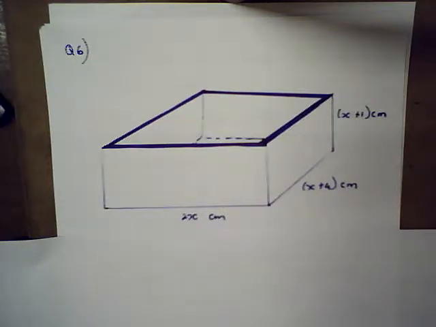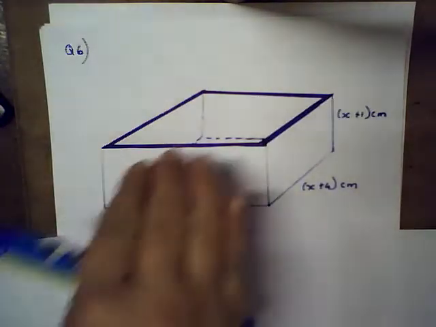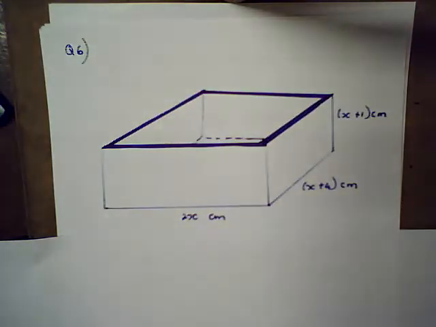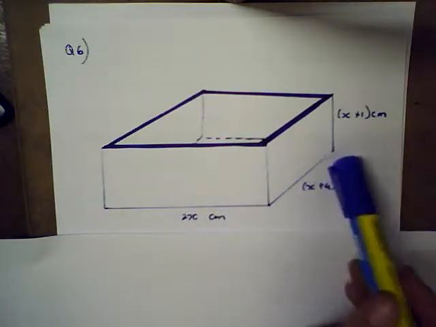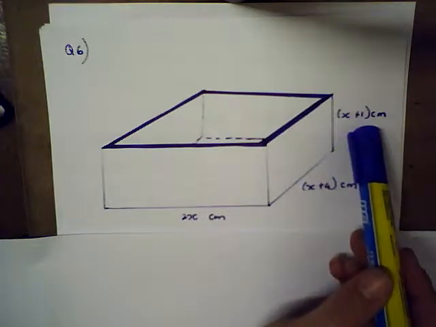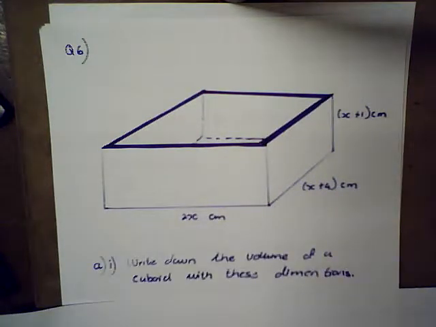They say here a rectangular base open box has external dimensions. So it's an open box, so it must just have a base, but the top is open. Dimensions of 2x centimeters, x plus 4 centimeters, and x plus 1 centimeters. Then they ask us in the first question, write down the volume of a cuboid with these dimensions.